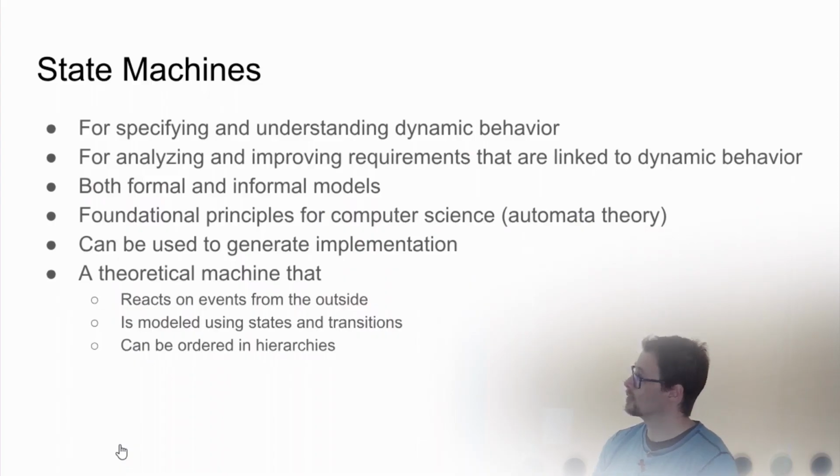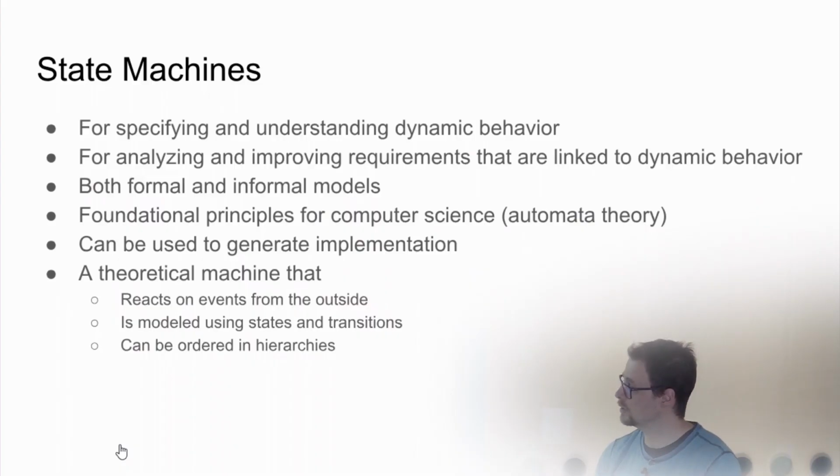We can use state machines to generate implementation. If we do detailed state machines, we can more or less do our whole implementation in a modeling environment and generate the executable code from that. Basically it's a theoretical machine that reacts on events from the outside.